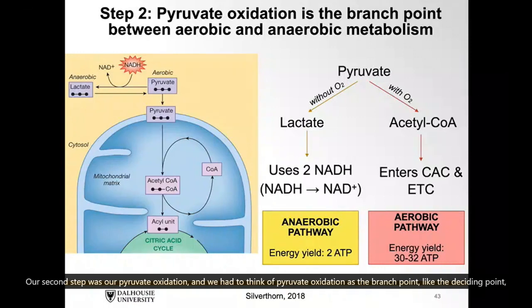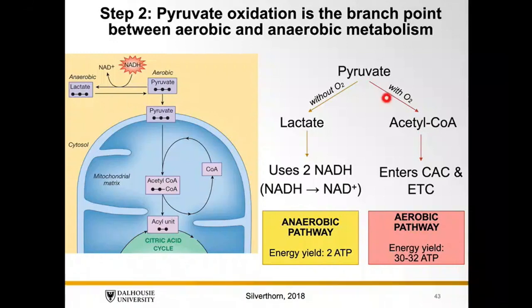And we have to think of pyruvate oxidation as the branch point, like the deciding point, whether we're going to go down the aerobic pathway, which is our citric acid cycle and our electron transport chain, or the anaerobic metabolism. So let's start with the right side here, because it represents what happens most of the time.